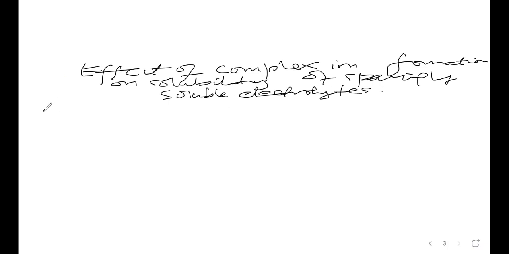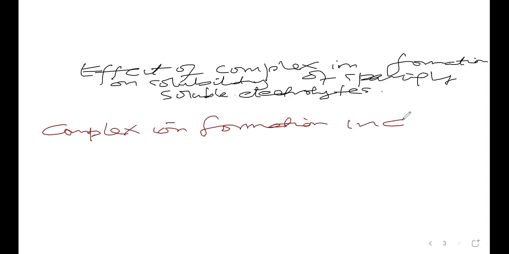The first factor we looked at, common ion effect, decreases solubility of sparingly soluble electrolytes. However, complex ion formation does the opposite. Complex ion formation increases solubility of the sparingly soluble electrolyte.